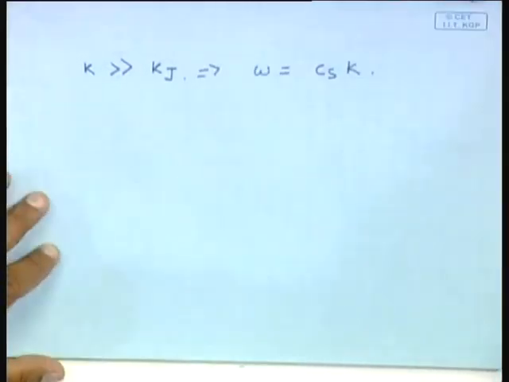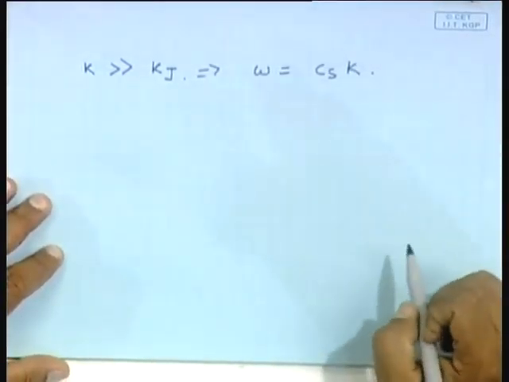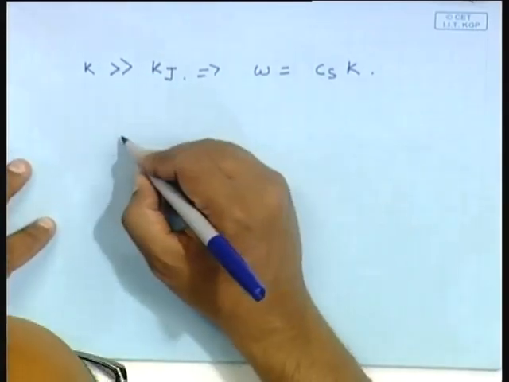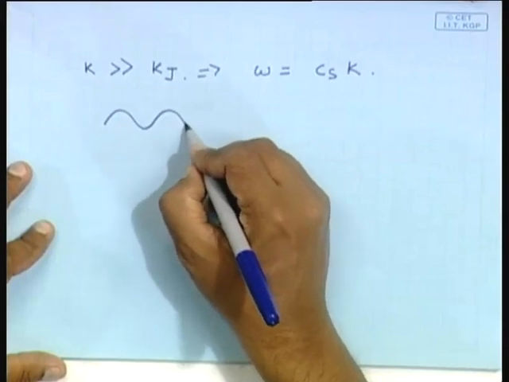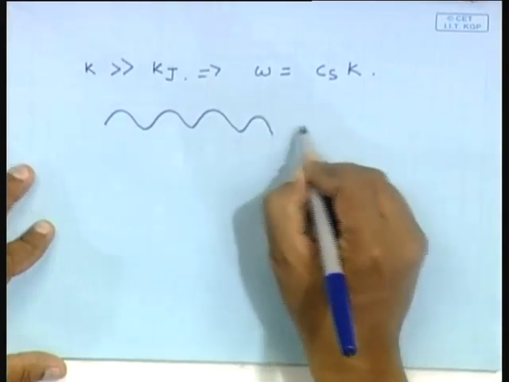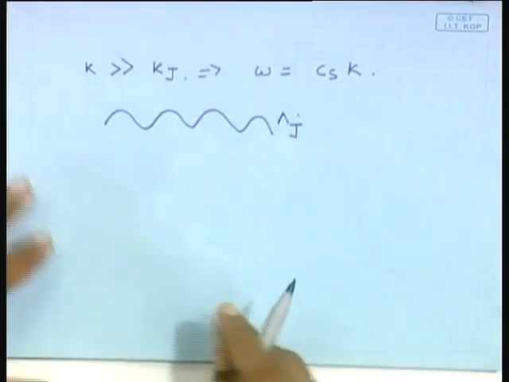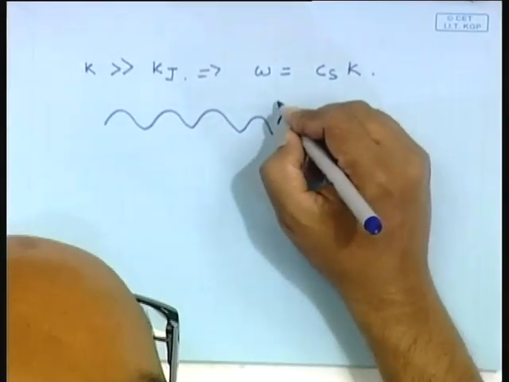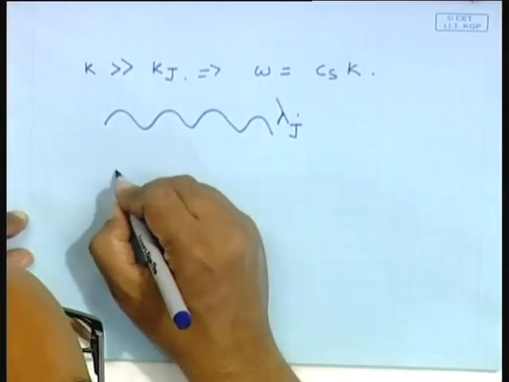These are disturbances which have a very small wavelength. So the Jeans wave number has a certain wavelength, this is the lambda j, and the disturbance that we are talking about is much smaller than this.